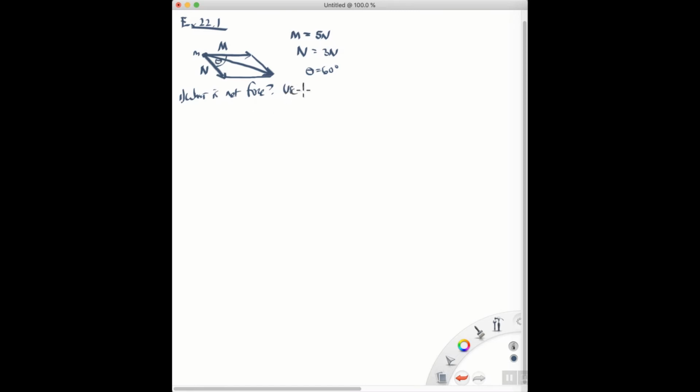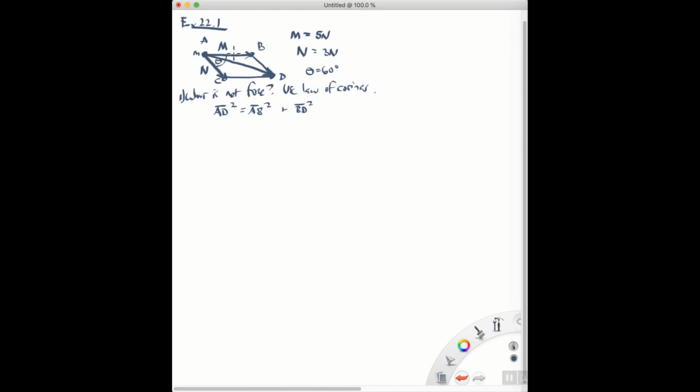Let's use the law of cosines. You might remember this from your mathematics classes. I'm going to write some letters here. This is point A, this in the diagram is point B, this is point C, and this is point D. So the law of cosines states that the line segment AD squared is equal to the line segment AB squared plus the line segment BD squared.